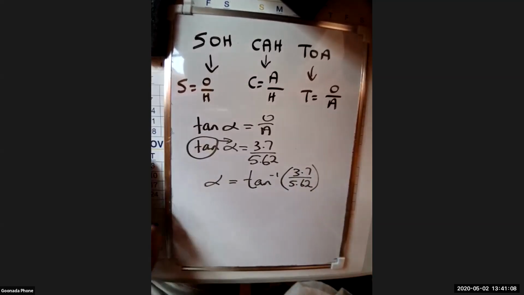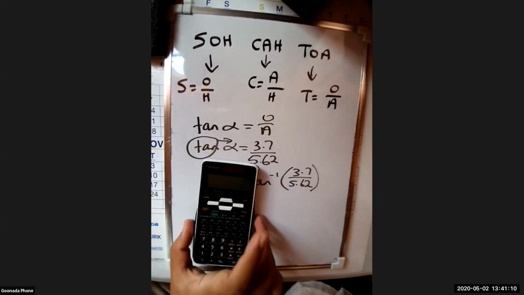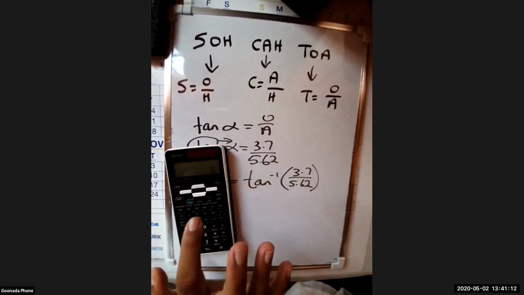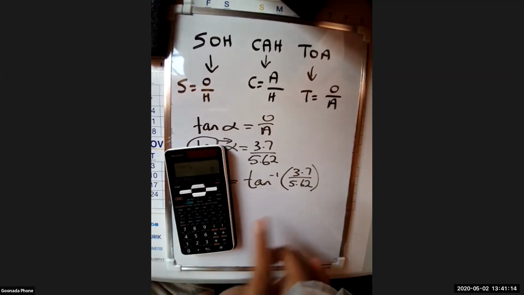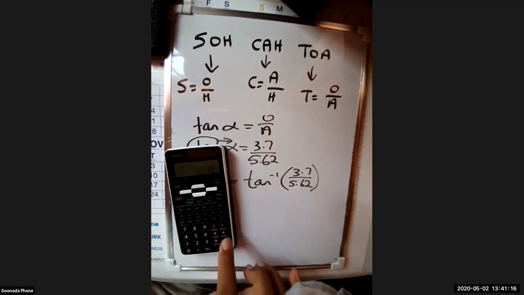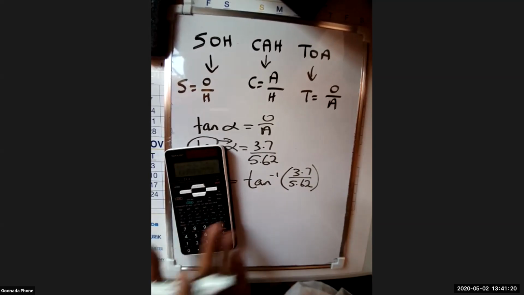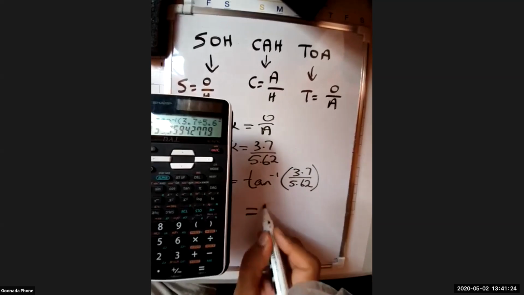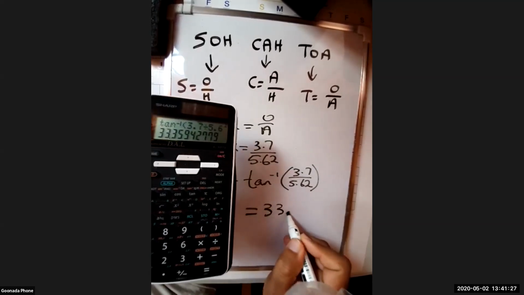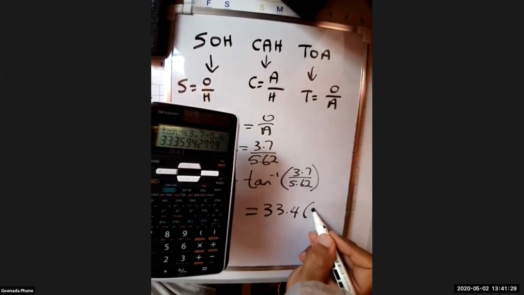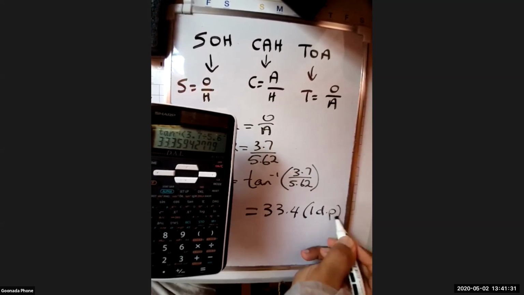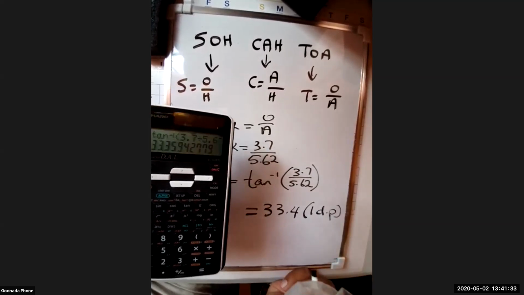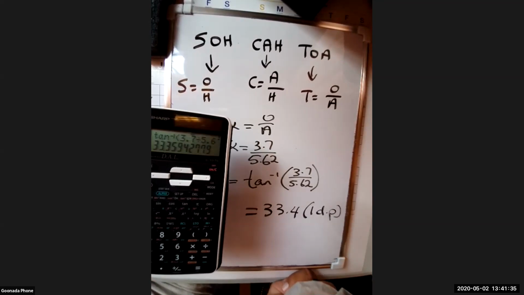So on your calculator, you will press second function tan, open brackets, 3.7 divided by 5.62, close brackets, and you would get 33.4 to one decimal place, or if you want to put 33.6 to two decimal places, that's perfectly fine.